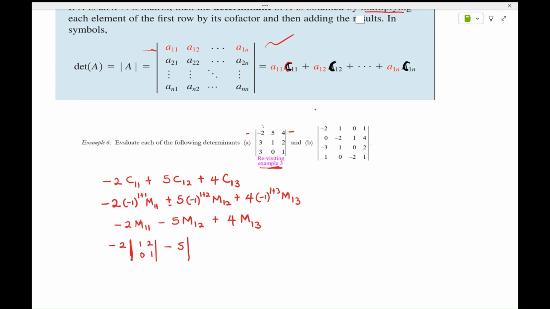M12 means I will delete the first row and second column. So here we'll have 3, 2, 3, 1. Then plus 4 M13. M13 means delete the first row and third column. So we are left with 3, 1, 3, 0.